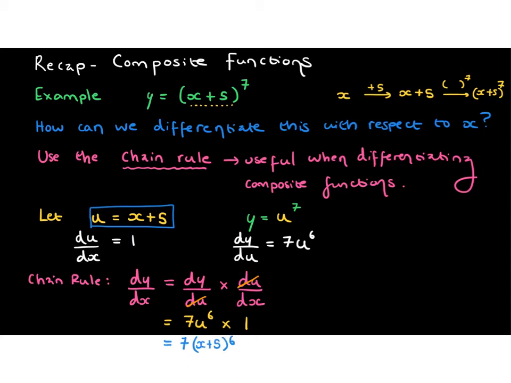So we've completed the differentiation, and you may find the answer interesting to note. So y = (x + 5)^7, dy/dx is equal to 7(x + 5)^6. Now, you may have already spotted the connection between the original function and its derivative, but we will come to this a little bit later on.